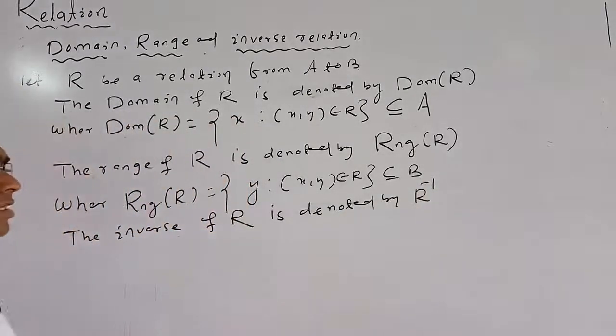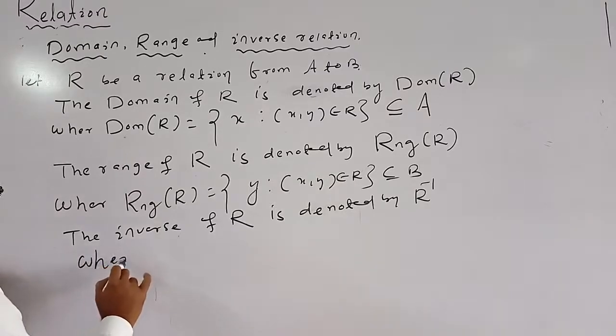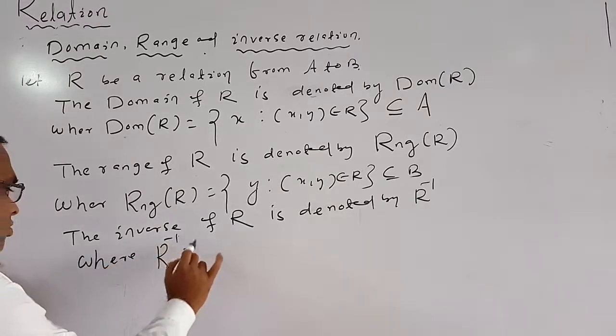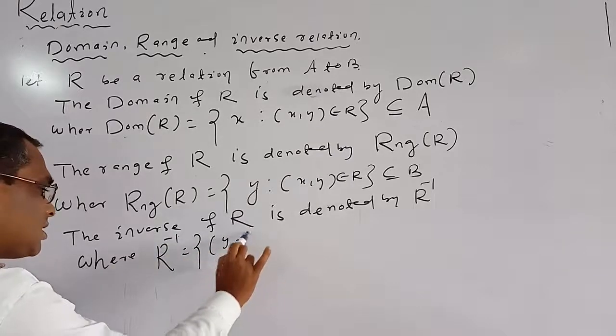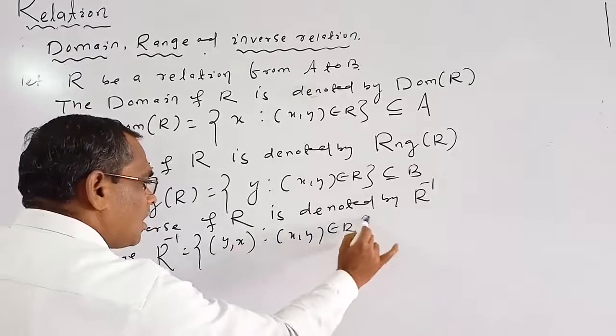What is R inverse? R upper -1. This is the symbol of inverse. R inverse is the inverse relation of R, where R inverse is equal to the set of ordered pairs y comma x such that x comma y belongs to R.